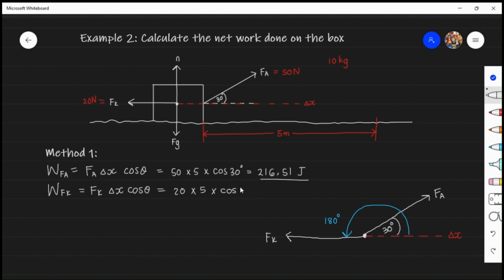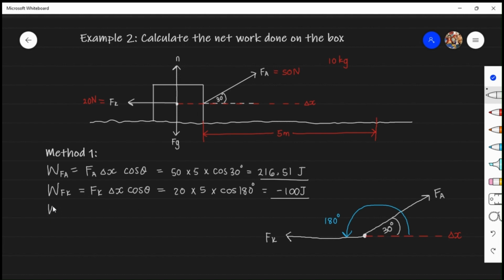So this is going to be 180 degrees, and that is then going to give us negative 100 joules. Because we ended up with a negative value, that means that kinetic frictional force is removing 100 joules of energy from the object.